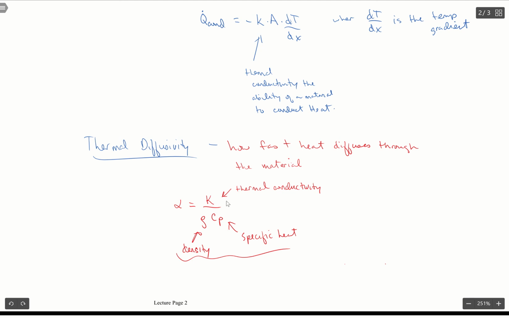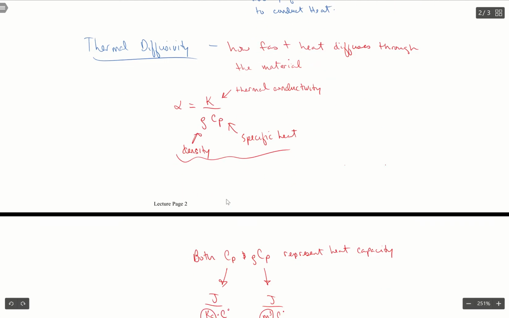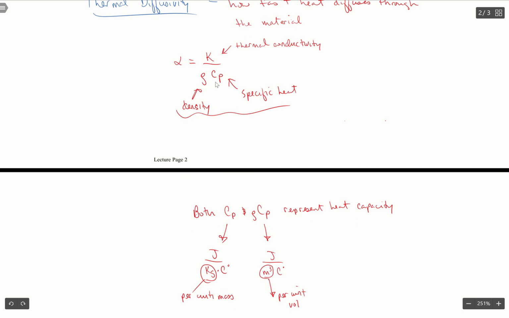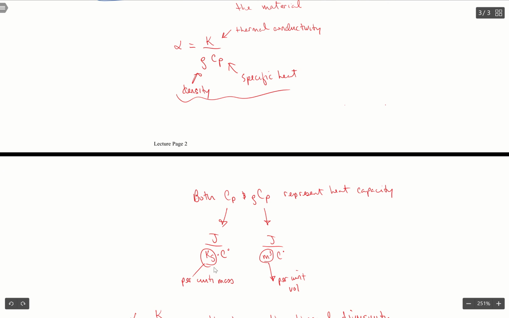Okay, so it's a ratio of thermal conductivity to specific heat. Now note that we have density times specific heat, and both specific heat, Cp, and density times specific heat represent the heat capacity. They just represent it in different ways.